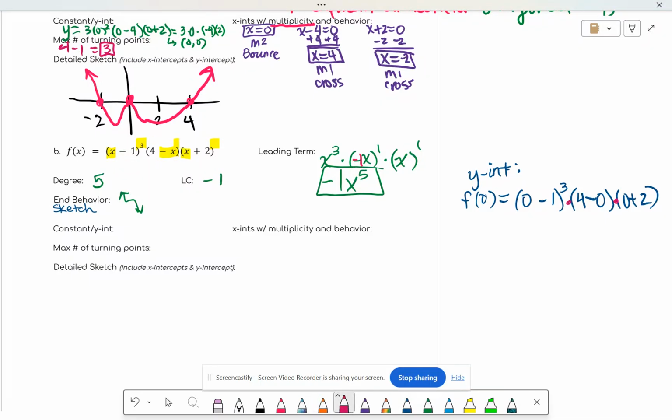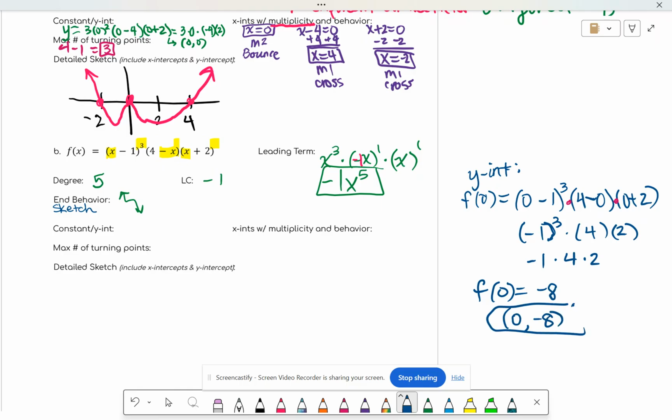So we'll have negative 1 cubed times 4 times 2, and negative 1 cubed is negative 1. So for f of 0, I get negative 8, and that corresponds to the point 0, negative 8. So my constant is 0, negative 8. We will leave you more room on the test to actually show your work.